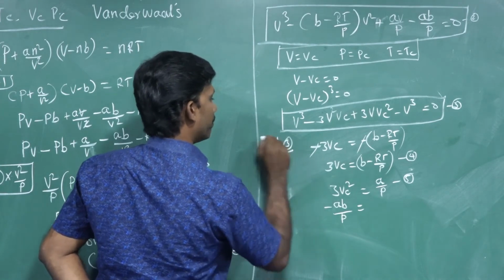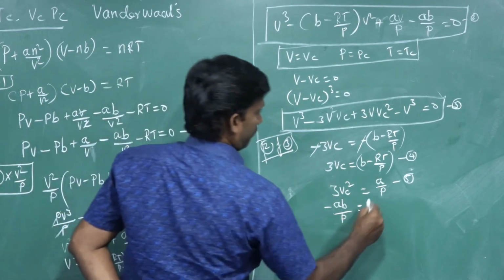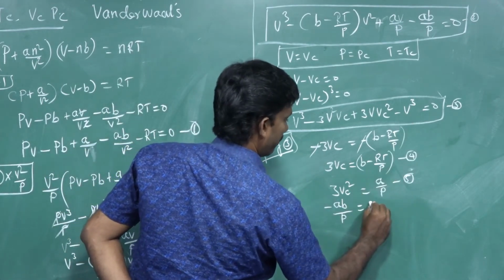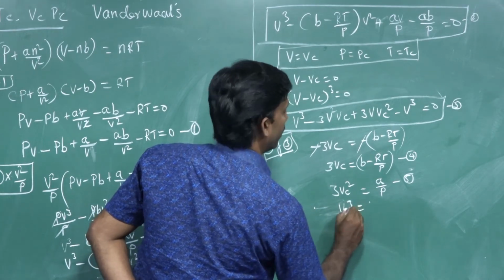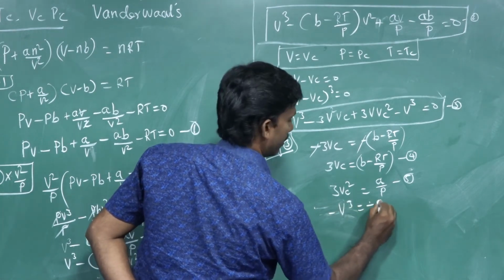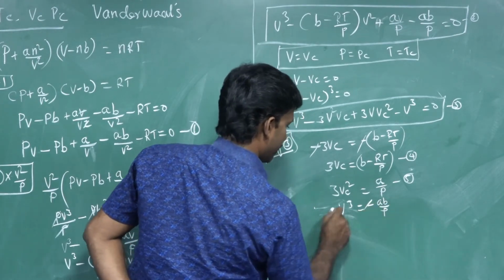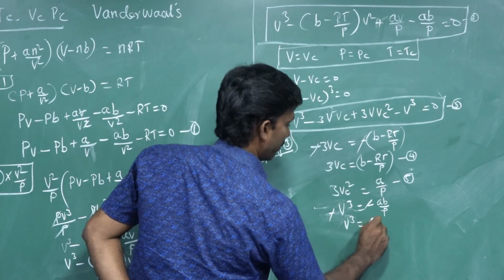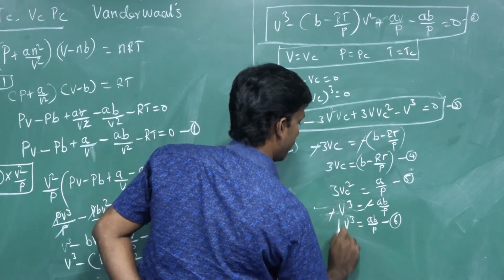Here minus Vc equal to minus AB by P. Now the minus cancels. Then Vc equal to AB by P. This is equation number 6.